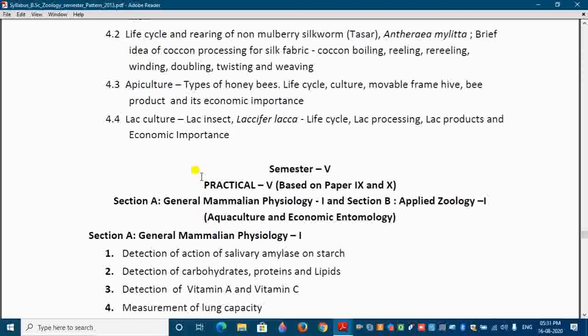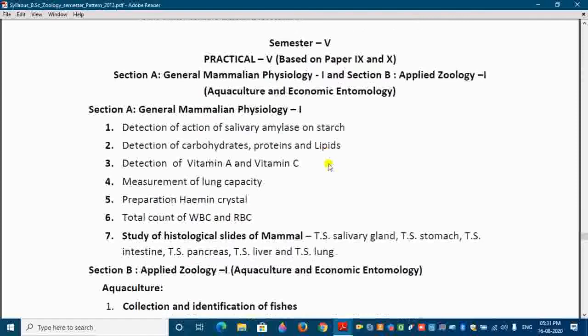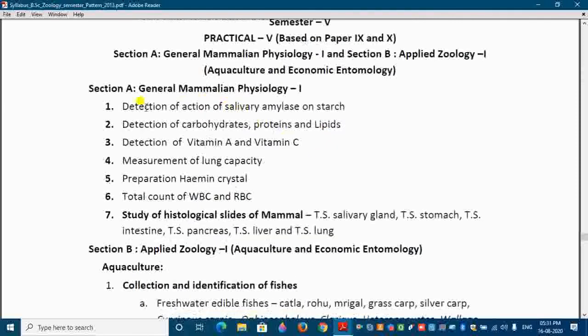Now, which practicals can you do on the basis of paper 1 and 2, that is, general mammalian physiology and applied zoology? There are some practicals. Out of these, there are 6 physiological experiments, from the detection of action of salivary amylase on starch up to the total count of WBC and RBC.